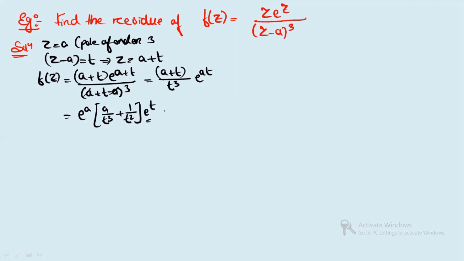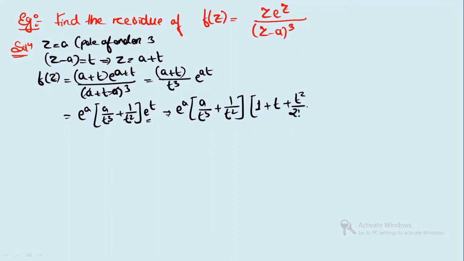Now I will expand it into series. So e to the power a times (a by t cube plus 1 by t square), as it is, and e to the power t will give us the series 1 plus t by factorial 1 plus t square by factorial 2 plus t cube by factorial 3 and so on. From here it will be e to the power a.